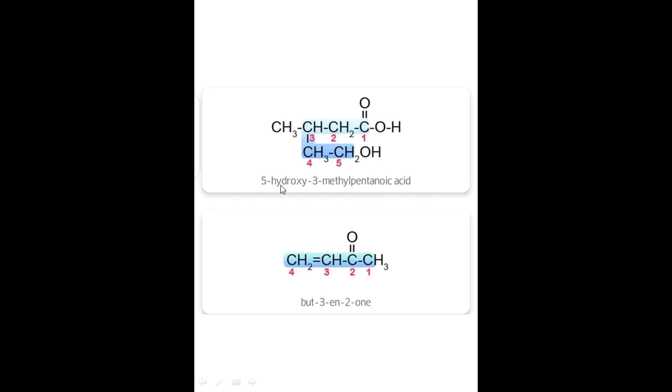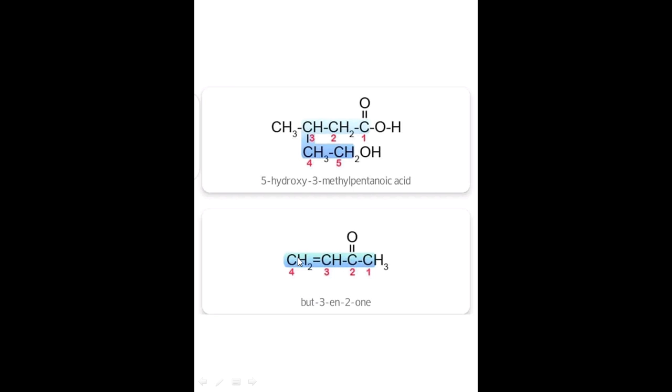Now the hydroxy has H as the starting letter and the methyl has M as the starting letter. So H comes before M in alphabetical order. So it becomes 5-hydroxy, because H comes before M, 3-methylpentanoic acid. You are wrong if you make it 3-methyl-5-hydroxypentanoic acid. Take note.